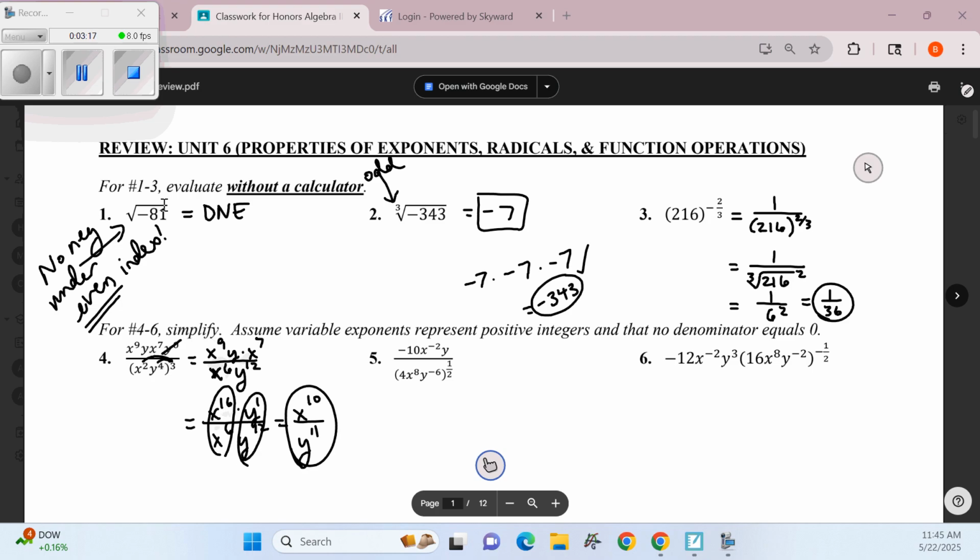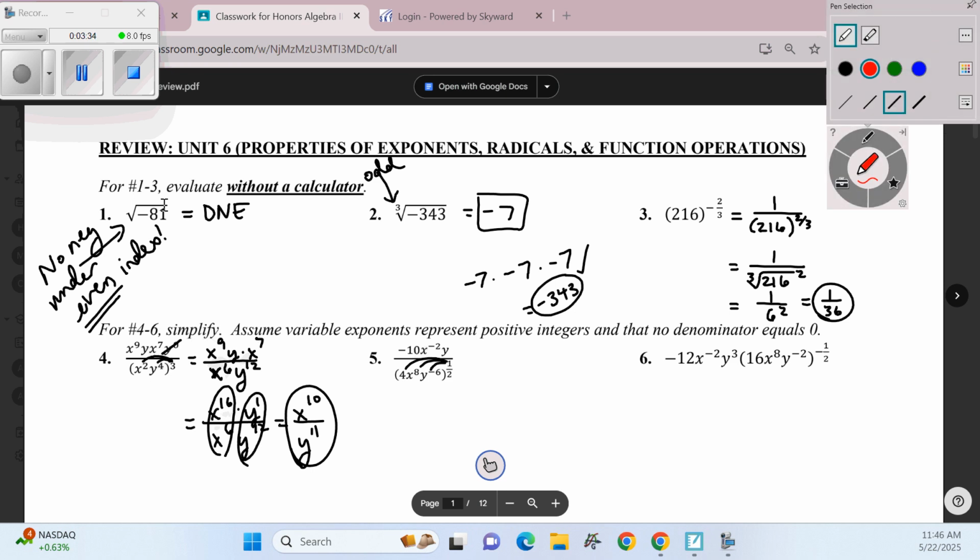Okay, next one here. This one's a little bit complicated, so I would just think about one step at a time, not trying to do too much in number 5. So I would look at this and say, similar to what we did in number 4, I'm going to apply this 1/2 power. Remember, raising to the 1/2 power, anything to the 1/2 power is the same thing as taking the square root of it.